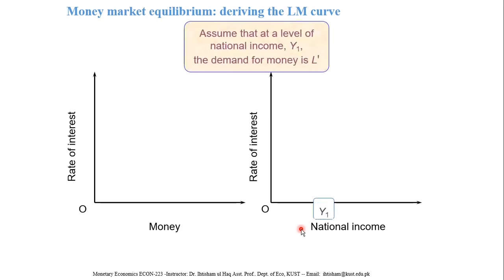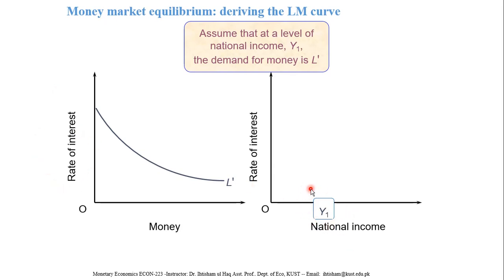So, let's assume that national income is Y1, and the demand for money is L prime. If you look at this demand for money curve, it is inversely related to the rate of interest. Why? Because we covered this in Keynes' liquidity preference theory: demand for money depends upon the rate of interest and the level of income.